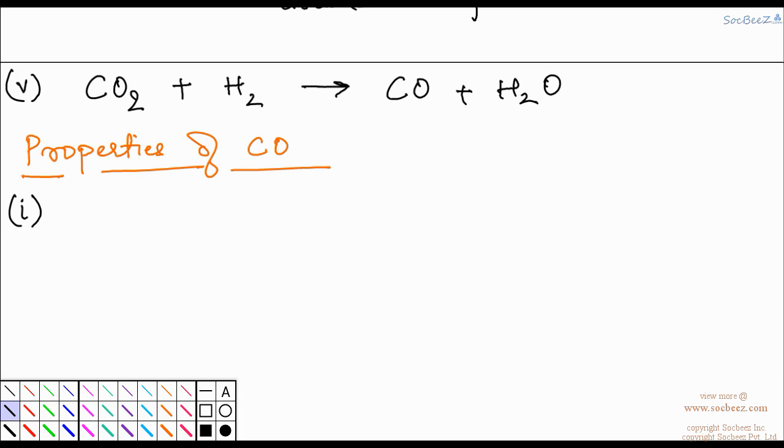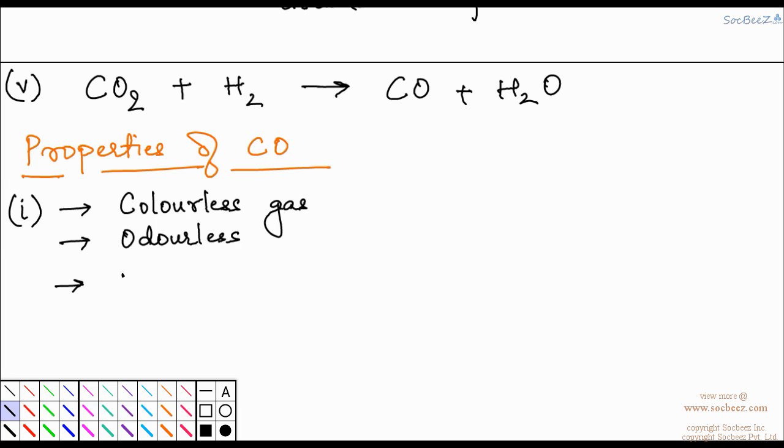Carbon monoxide is a colorless gas. Although carbon monoxide is present in the atmosphere also, you cannot see it. Therefore, it is colorless. It is also odorless. You cannot smell it.